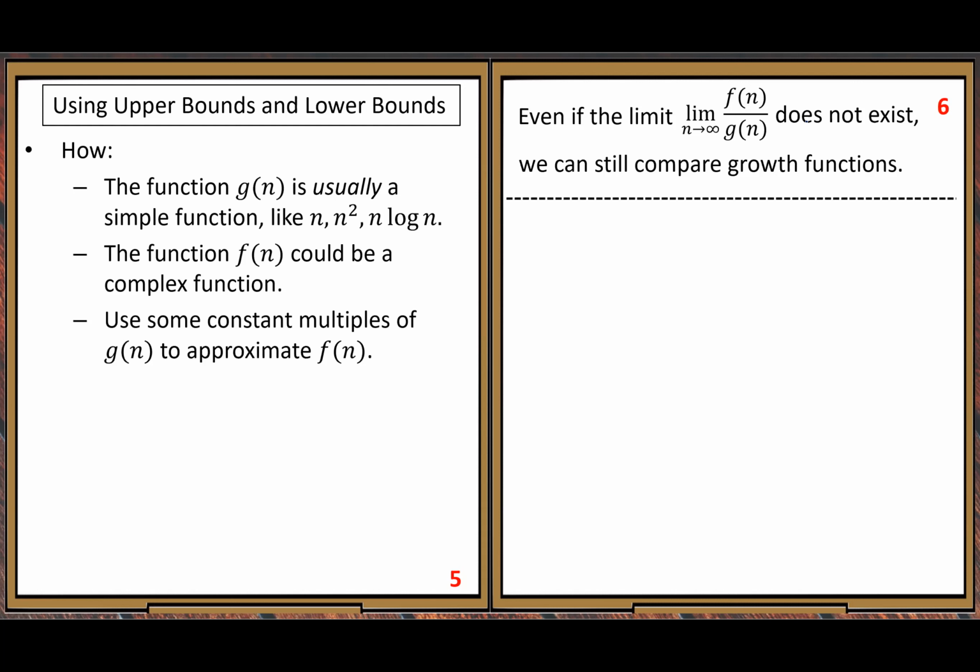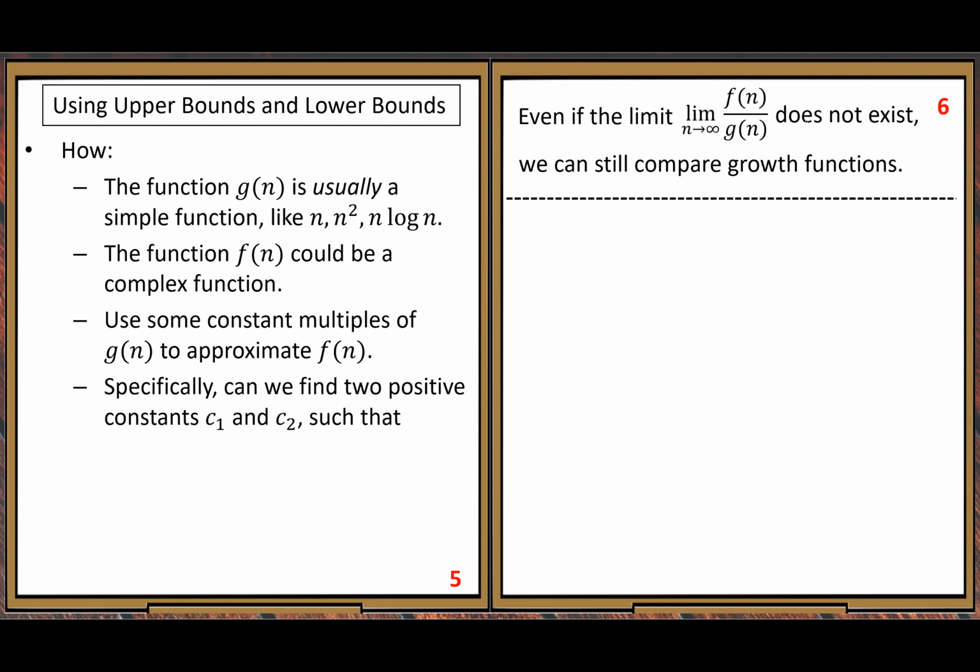How do we set upper bounds, lower bounds for this f of n function? It tells us the way to set those bounds. What way? Using some constant multiples of g. That's the typical way. Constant multiple of g. So that will make this method a little easier. So we know what we should do. The third point tells us.